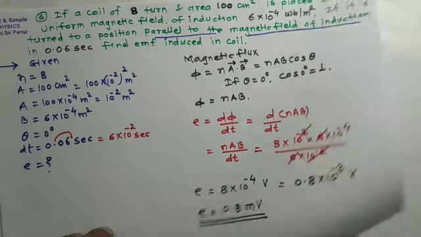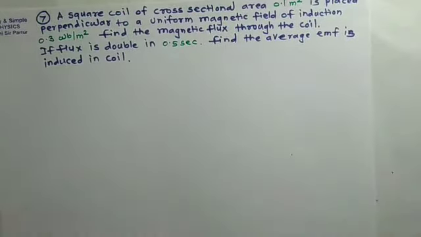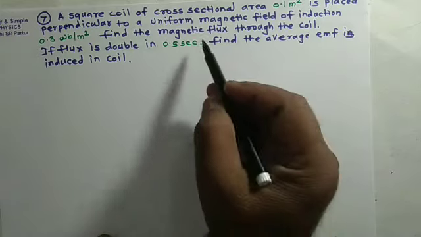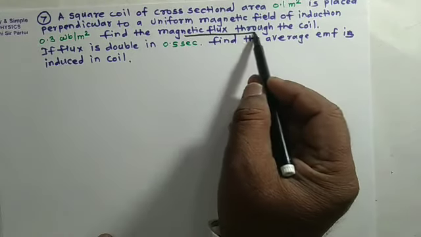Again, let us solve another numerical. A square coil of cross sectional area 0.1 meter square is placed perpendicular to a uniform magnetic field induction of 0.3 Weber per meter square. Find the magnetic flux through the coil.